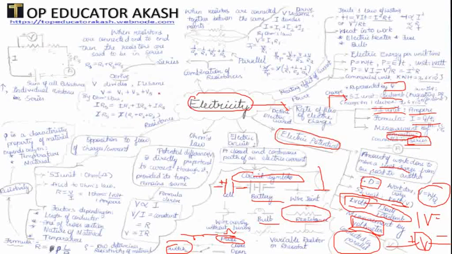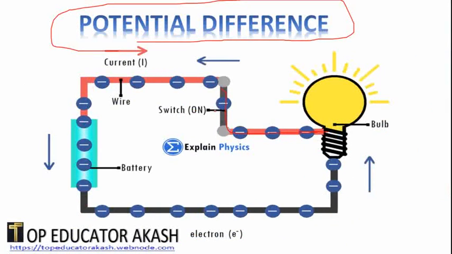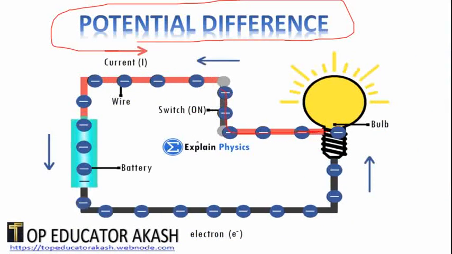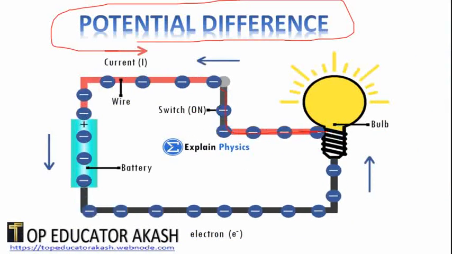In the previous part we discussed electric potential. So the next term is Ohm's law. Before going to Ohm's law, suppose some amount of electrons are flowing here.